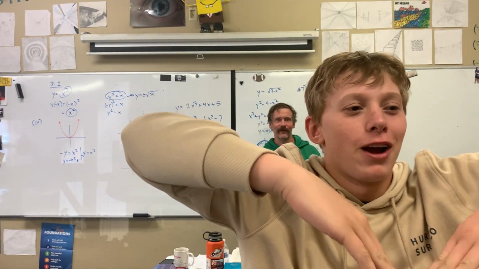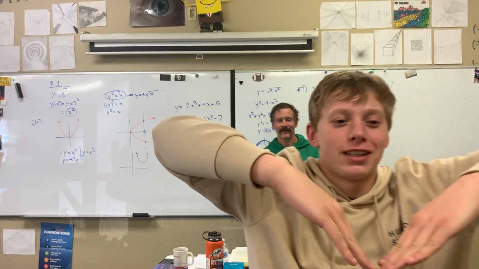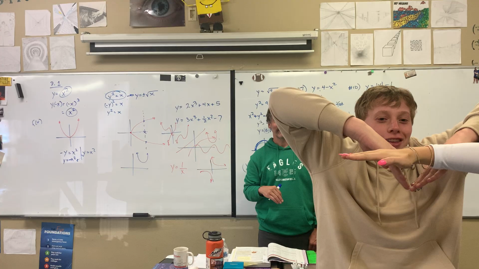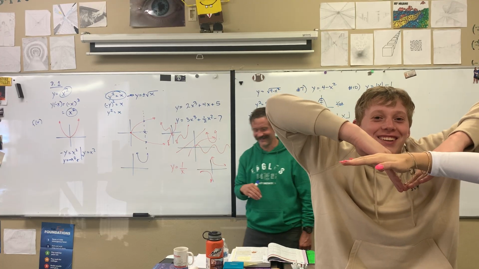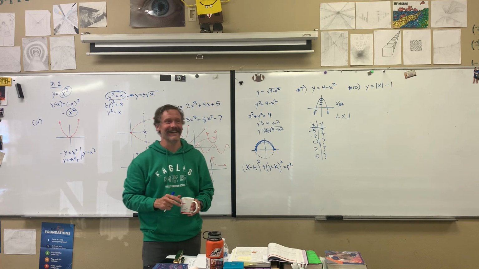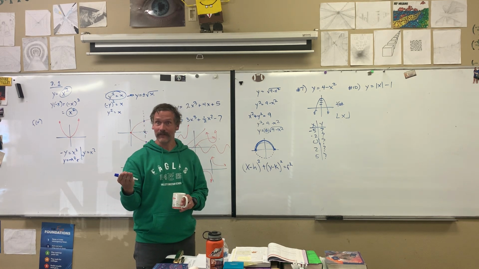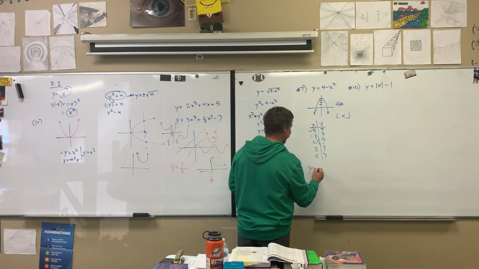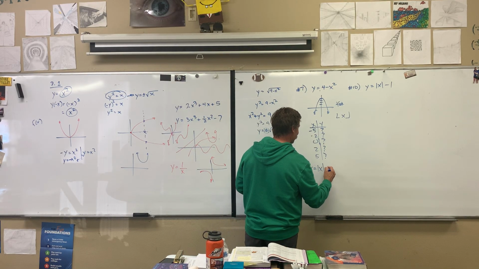Too close. Here, Riley, back up. Riley, make the x-axis. So it's like that. All right, cool. This is calculus. Yeah, it makes a V. A V, yeah. I'm going to have to go back and watch this.